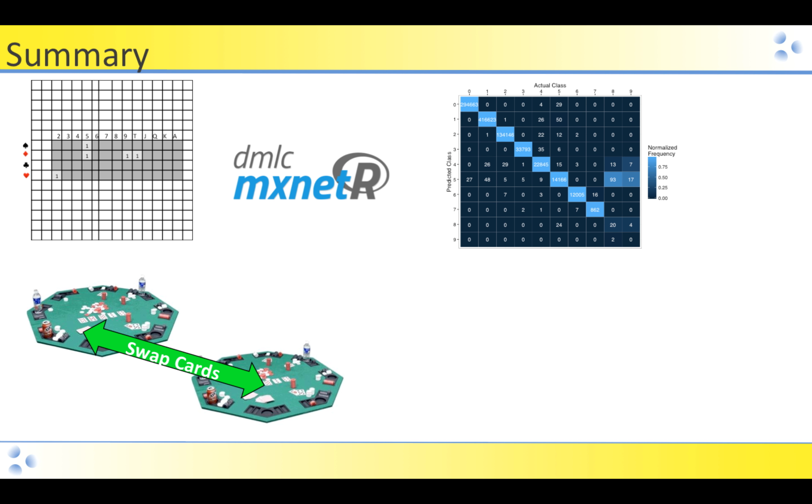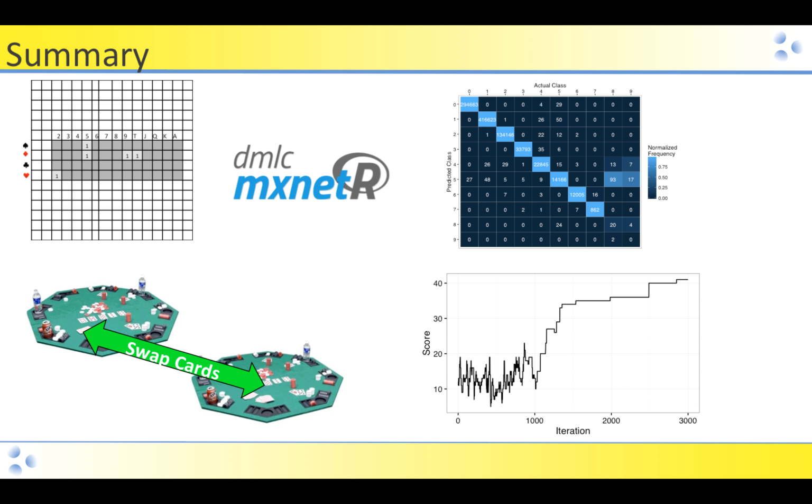And then we developed a Monte Carlo simulation that allows us to swap cards, which shows that over the course of running the algorithm, we can significantly improve the overall score of the hands. And then after we trade, everyone ends up better, or at least as good as they were, or in a better situation.